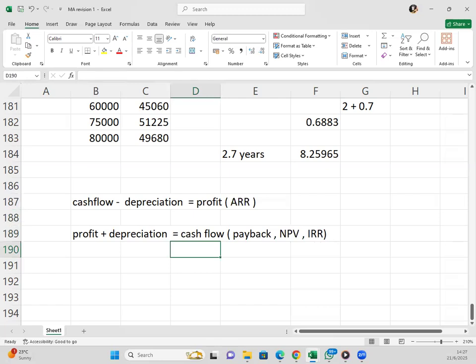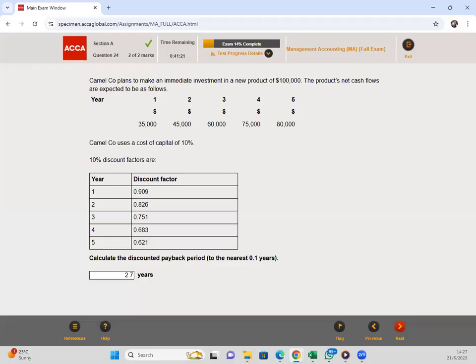Sorry, sir. I just want to ask you how to calculate the discount factor. The discounting factors. Let's say we are given 20%. Okay, let me check first if the formula is given in your formula sheet.